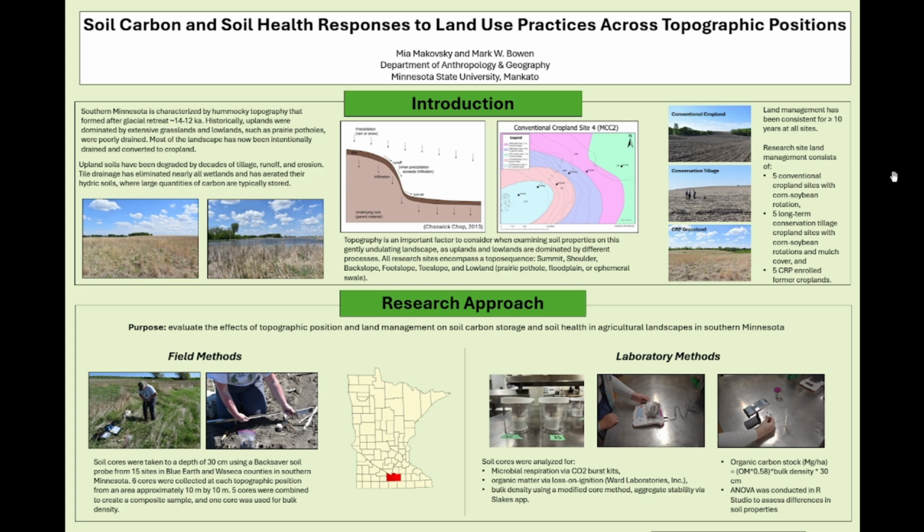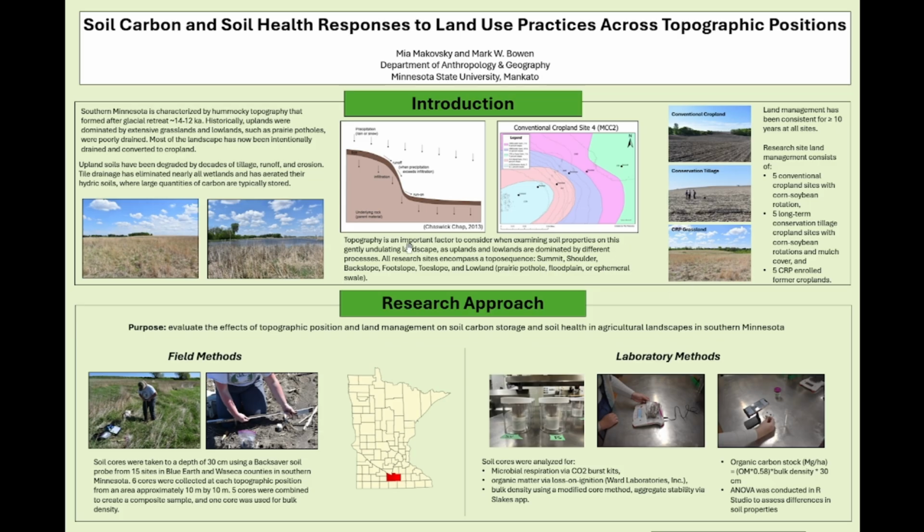Most of this landscape has now been intentionally drained and converted to cropland. These upland soils have been degraded by decades of tillage, runoff, and erosion, while tile drainage has eliminated nearly all wetlands and aerated their hydric soils, where historically large quantities of carbon are typically stored.